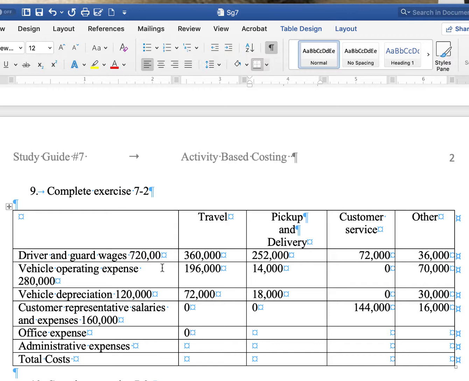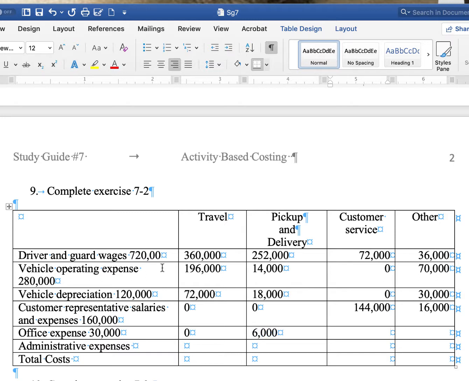Pickup and delivery consumes 20% of office expenses. So what is our office expense? If we look at that top chart, we see that the office expense is $30,000. We need to allocate it to these cost pools. Pickup and delivery consumes 20% of office expense. So 20% times 30,000 is $6,000.